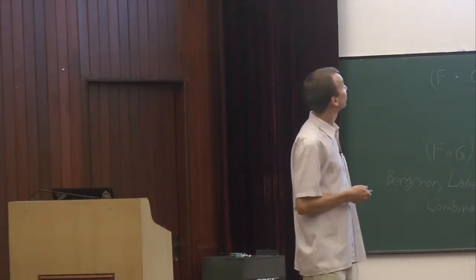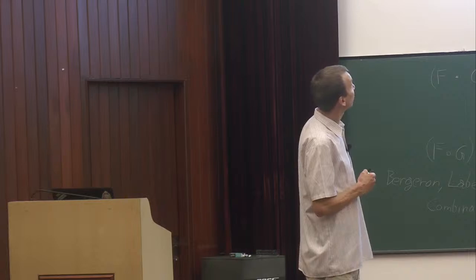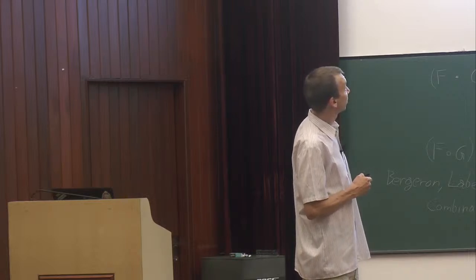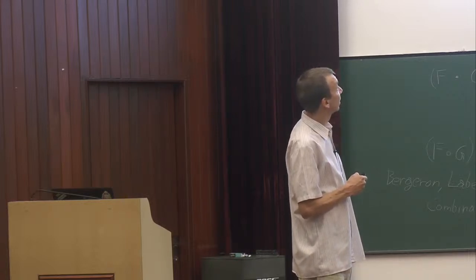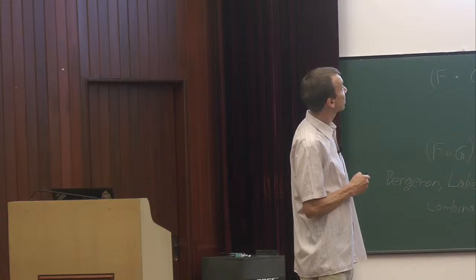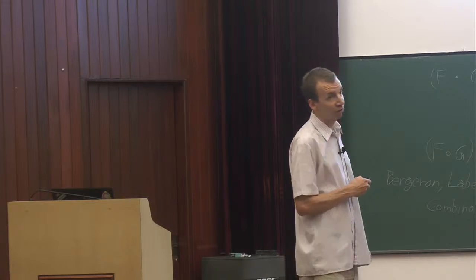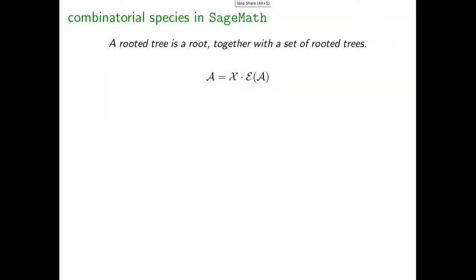For another example, a rooted tree is a root together with a set of rooted trees. So here we see a set of rooted trees, and we remember the label which is the root. A tree is a pair consisting of a root, and the rest of the labels are distributed in a set of rooted trees. We cut away the root, and then we get a set of rooted trees.